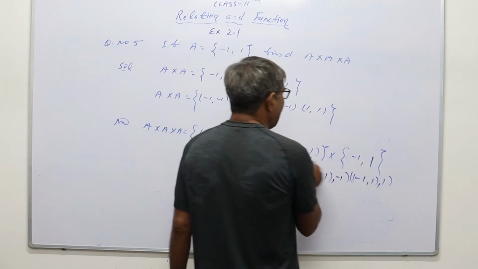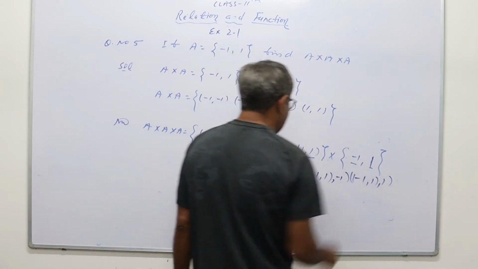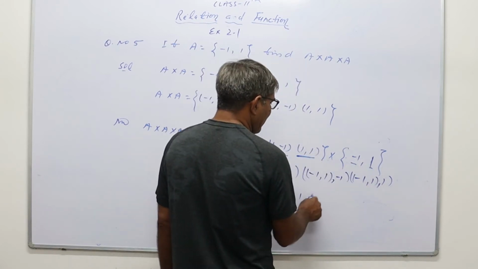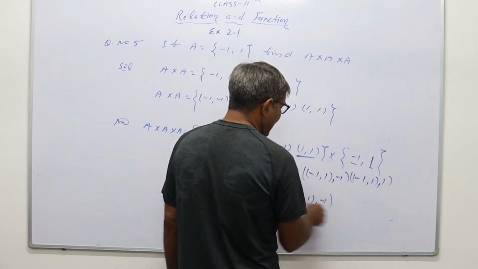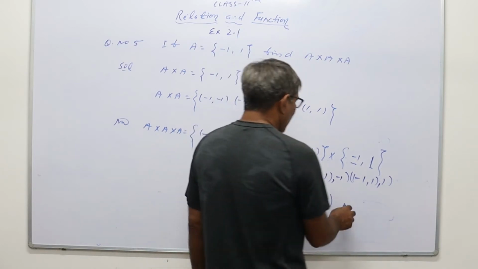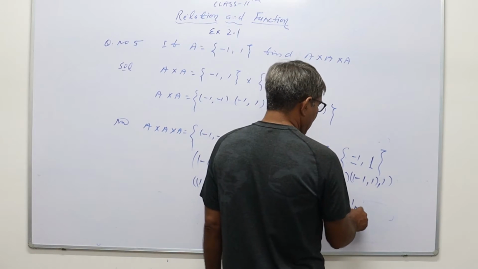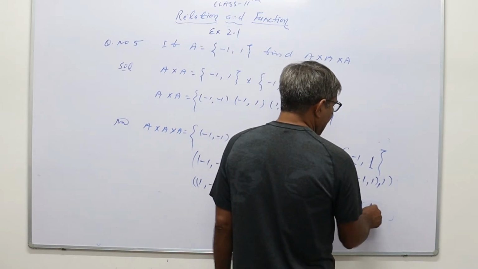Now we have to relate the last element with -1 and 1. So again ((1, 1), -1), and then ((1, 1), 1).